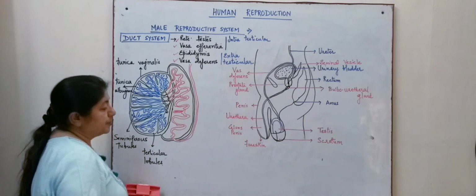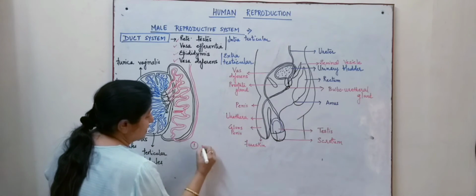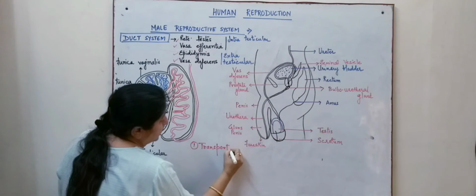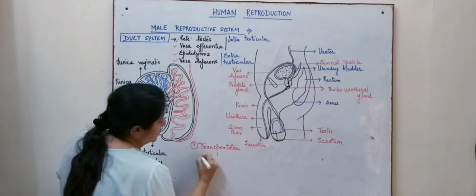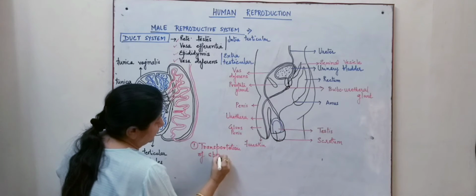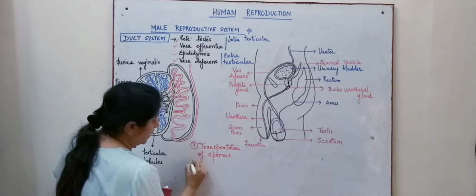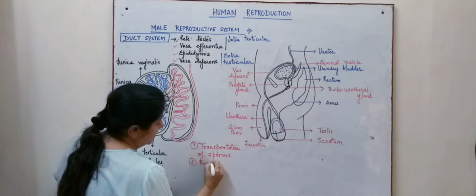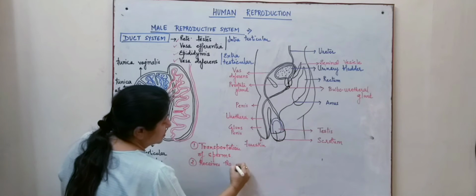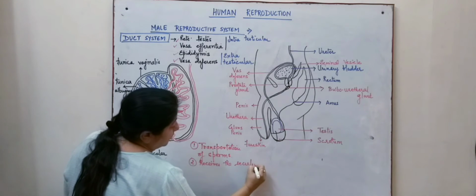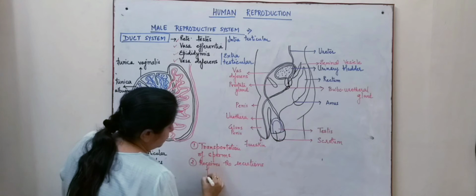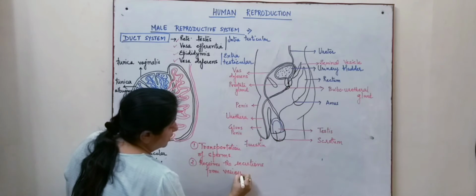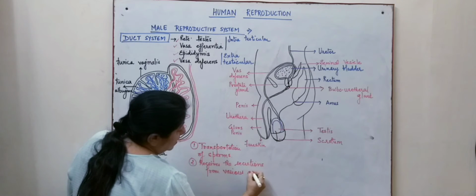So the duct system performs two functions, that is transportation of sperms, and also it receives the secretions from various accessory glands, that is the prostate gland and the seminal vesicle.